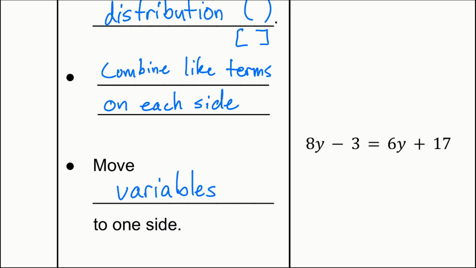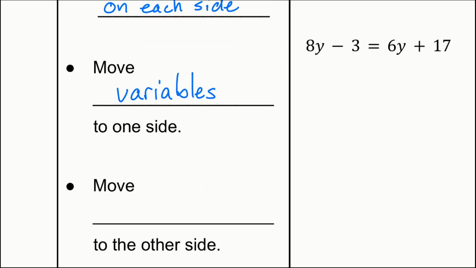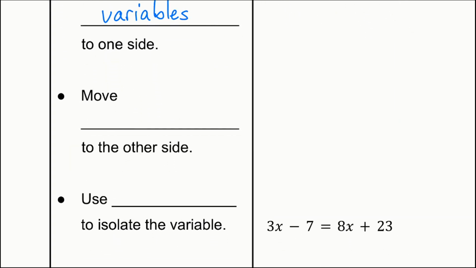It could be the left side or it could be the right side, but they all need to be on one side. When you do that, you're going to be looking at a two-step equation, where our rules for two-step equations have been very consistent: we're going to move the constants to the other side, so they're going to be on the opposite side of the variables.